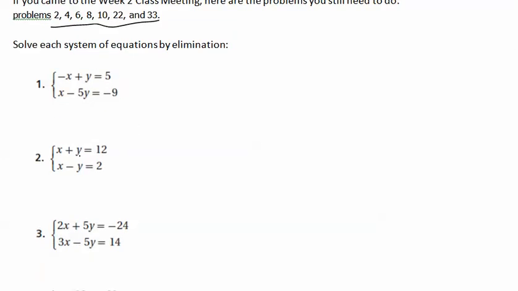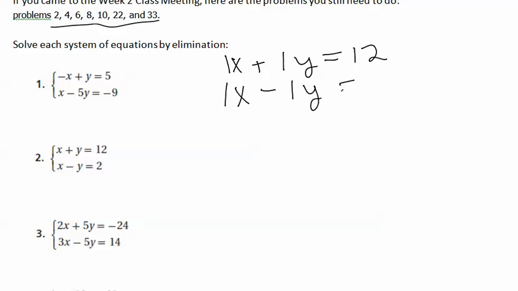So number 2 says x plus y equals 12, x minus y equals 2. It might help you to put a 1 in front of any variable that doesn't have a number in front of it. That might help you see that what we have is a 1x plus 1y equals 12 and 1x minus 1y equals 2.